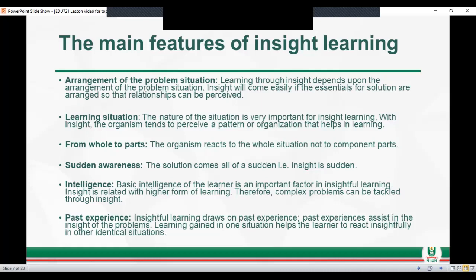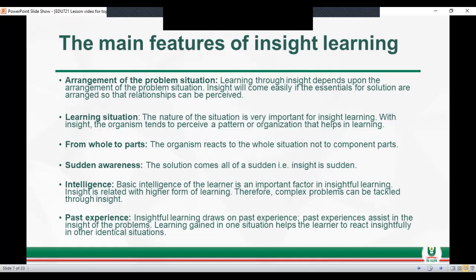Past experience. Yes, past experience too is an important factor, another main feature of insight learning. Usually learners, as human beings, we like to draw on our past experiences to enable us to solve any problem that we encounter.